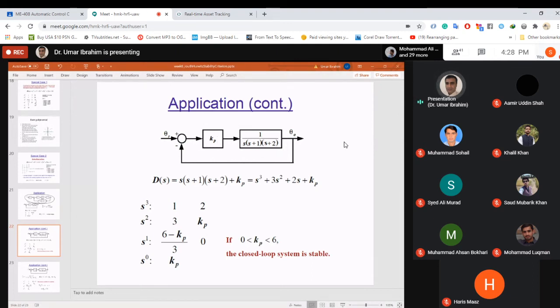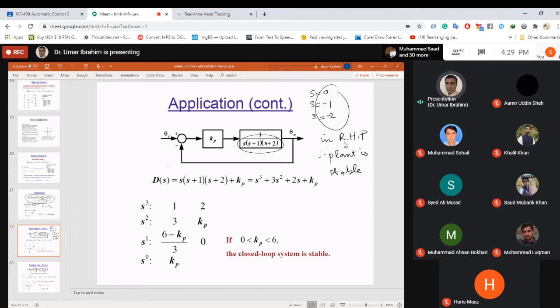Now, the question here is for, because it has 3 poles, S is equal to 2. None of the poles is in the right hand plane. Therefore, the plant is stable. Okay?